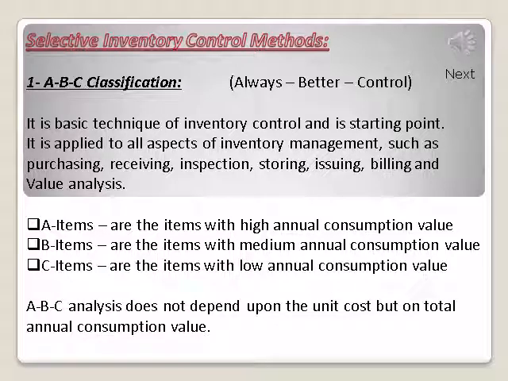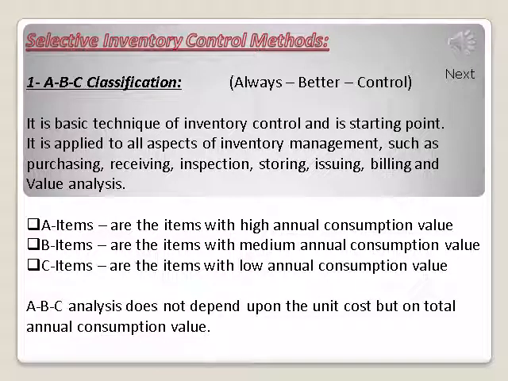This is obtained by multiplying the unit cost of that item times the total quantity used in one year. That's the annual consumption value. A high annual consumption value would have A items, the low annual consumption value would be classified as C items, and anything in between could be classified as B items.